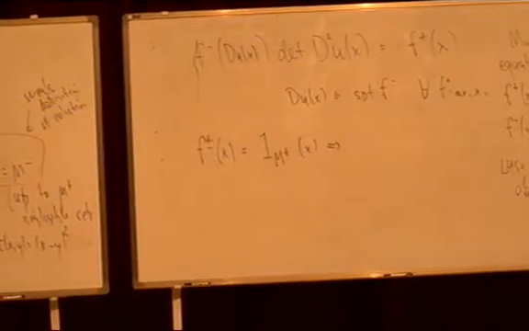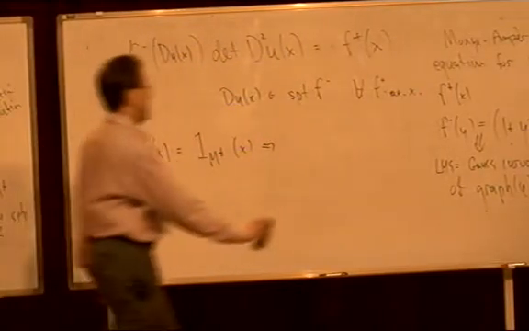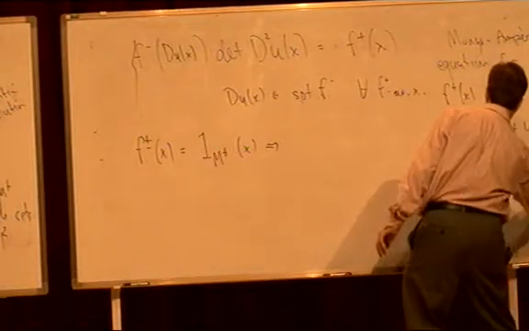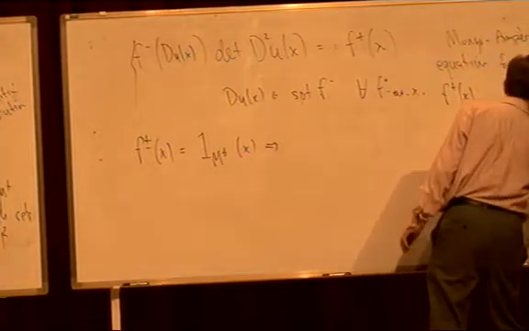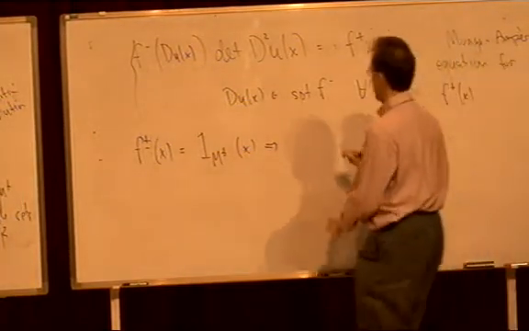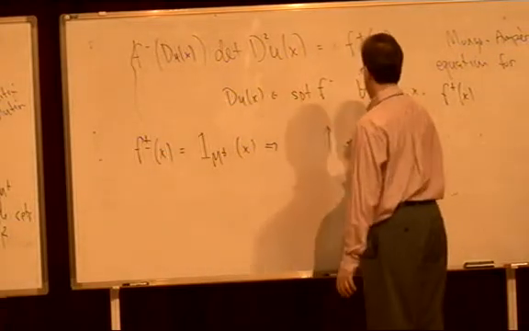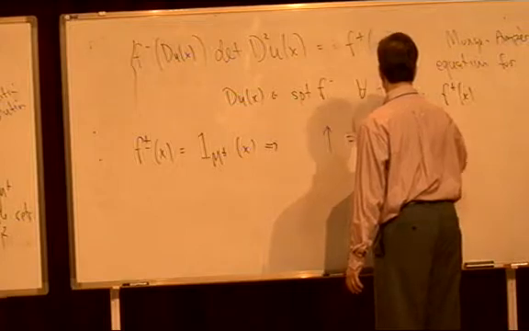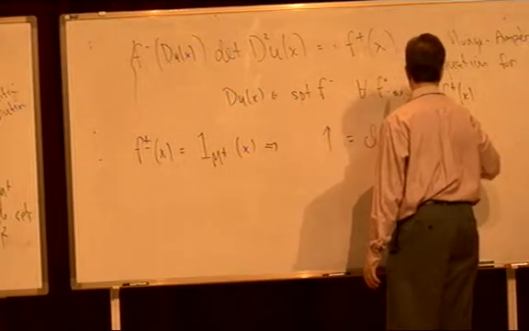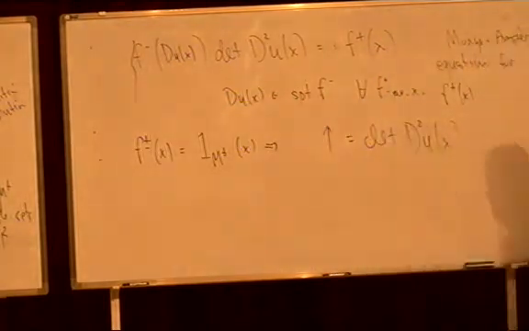In that case, f plus will be 1. That will be the determinant of the Hessian of u. There'll be some convex solution to this equation.